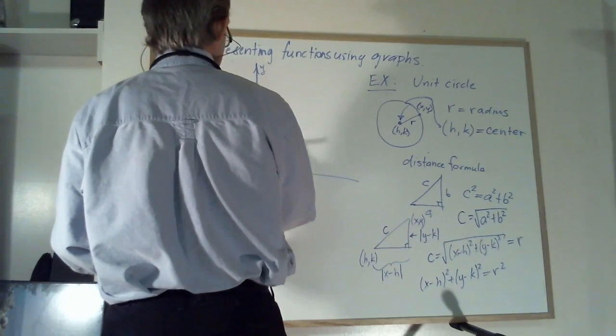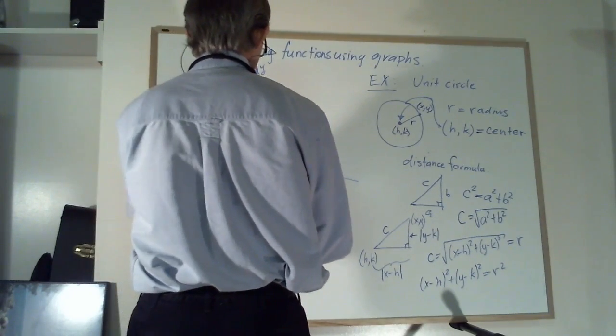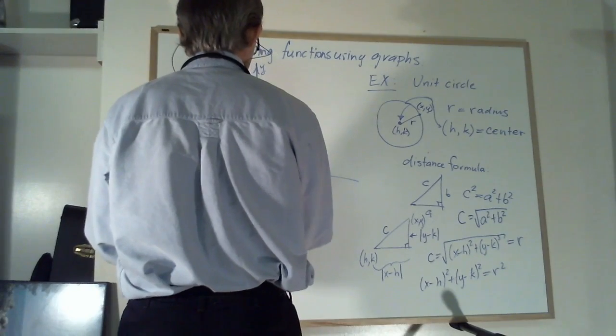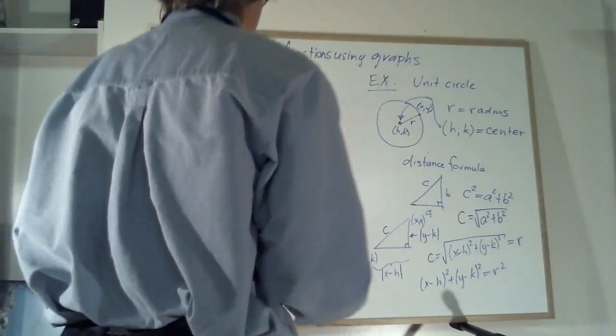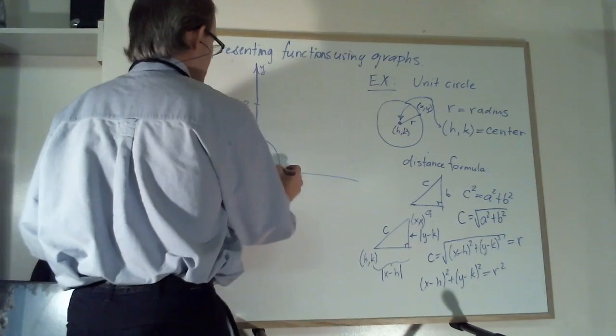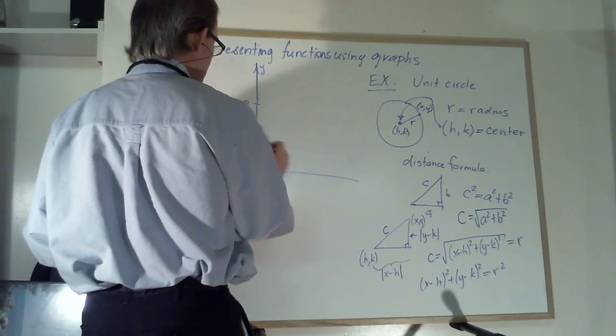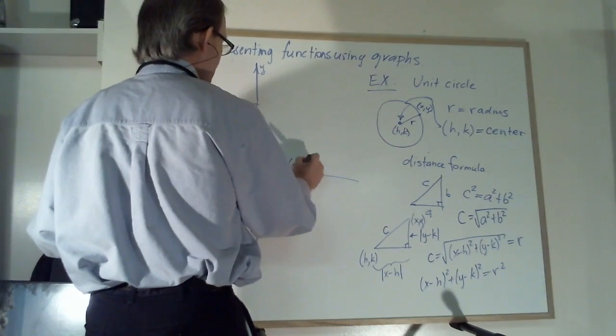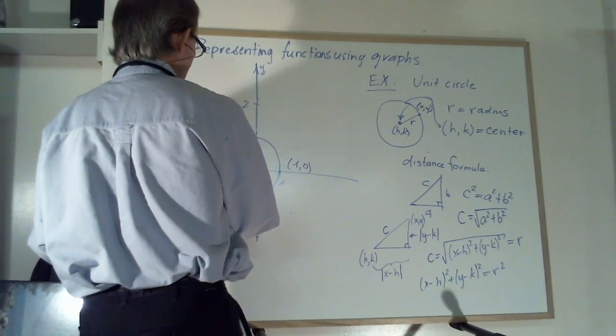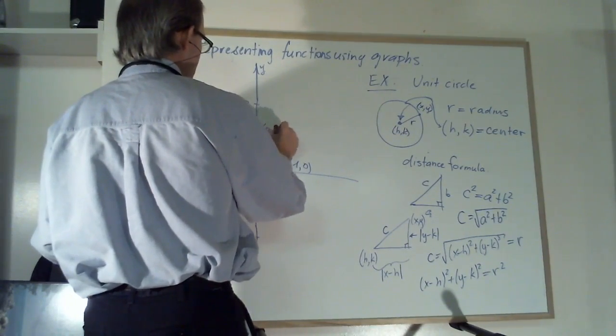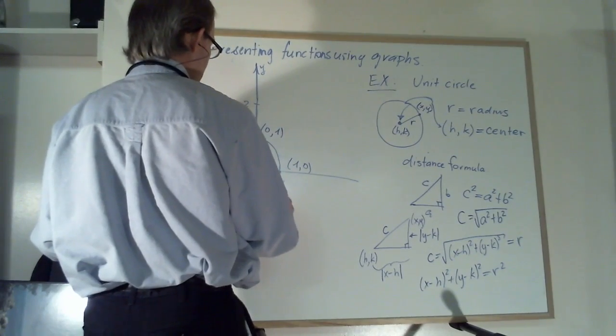So it looks like this. The coordinates here are x is 1, x is minus 1 here, and y is 0. And here it's the other way, 0, 1, and 0, minus 1.